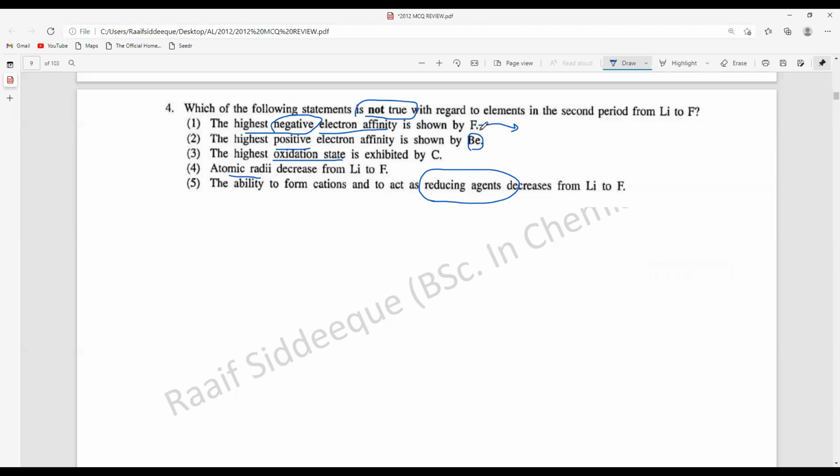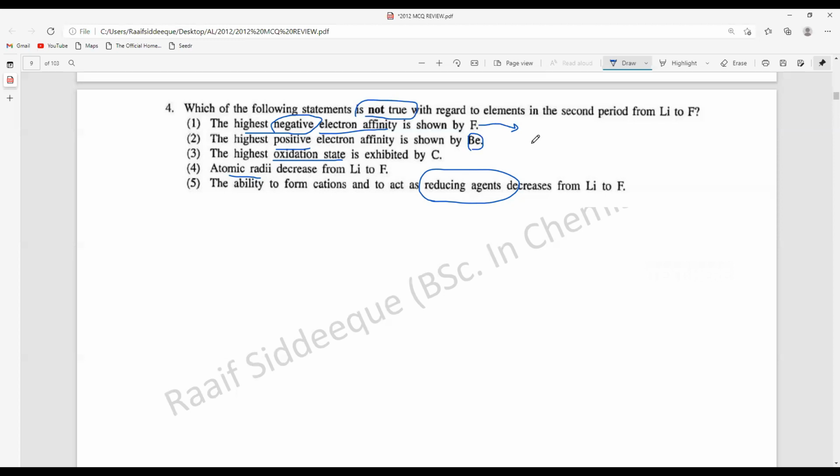Fluorine needs only one electron. The element before fluorine needs two, so you can imagine how much energy will be given out. Since fluorine needs only one electron, you can easily give it, and the energy given out will be more negative. But the element before fluorine needs two electrons to get the stable configuration.